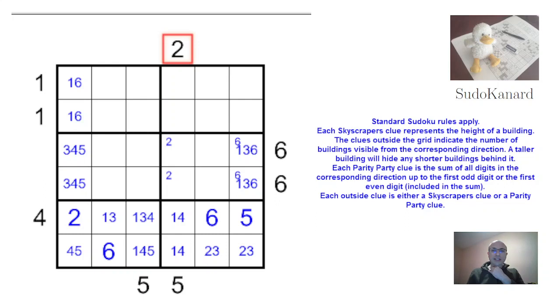Now let's see the implication on these two. Digit 6 won't be here, so it must be here. And 1, 6 here. 1, so this is 3 and this is 2. Very important to ponder what happens. What am I doing? No, sorry. I'm messing it up. So 1, 3, 2 would be with a 6 clue, 6 clue for Parity Party.